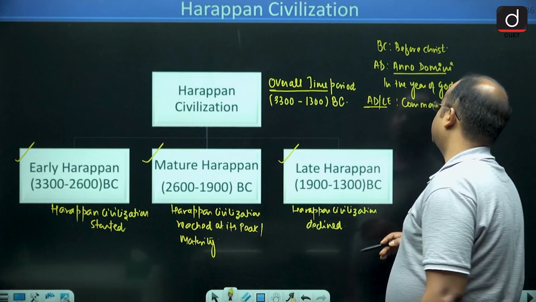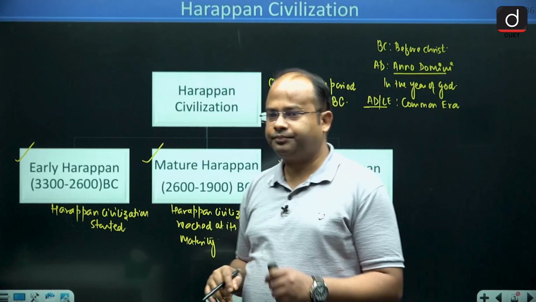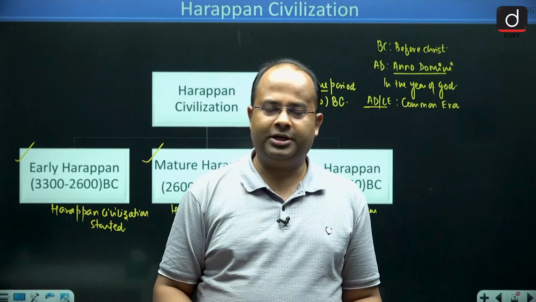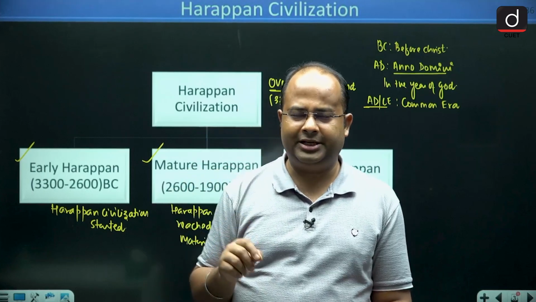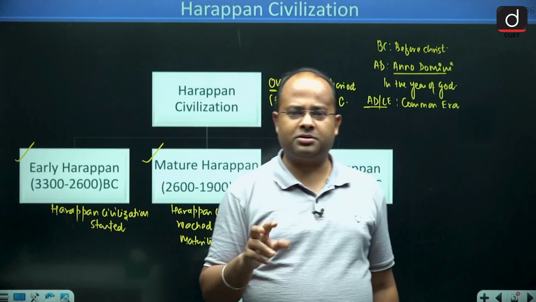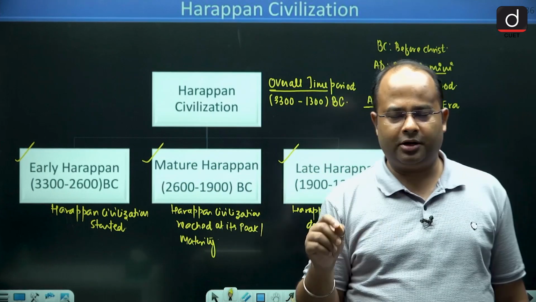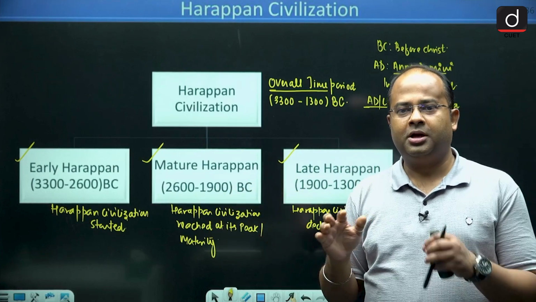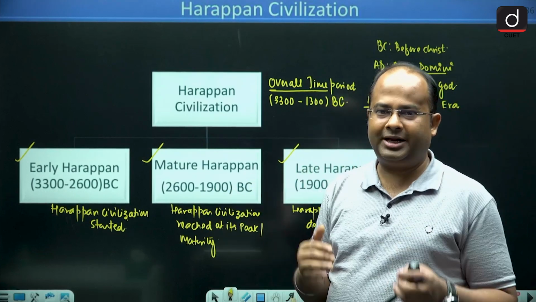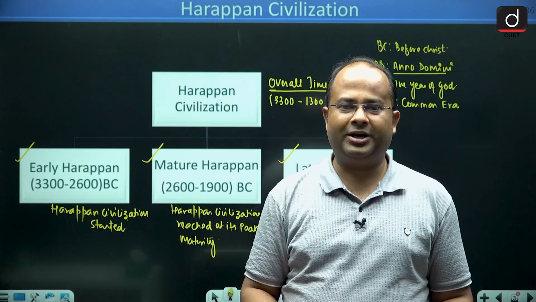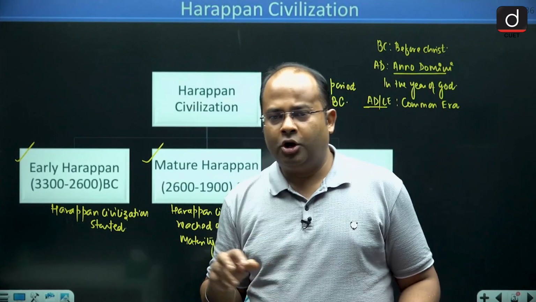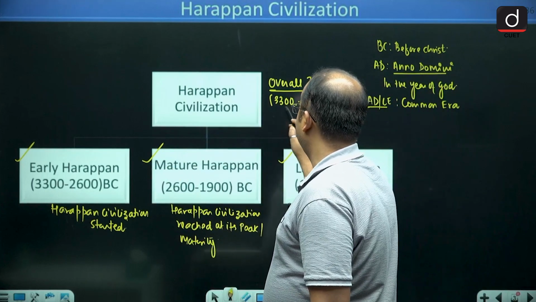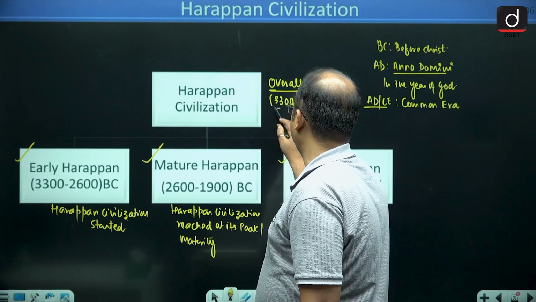So these three terms are widely used in history: BC, AD or CE, and AD and CE are used in place of one another. AD means the time period from the birth of Jesus Christ till now, and that is also known as CE, the Common Era. So the overall time period of Harappan civilization, friends, is from 3300 to 1300 BC.